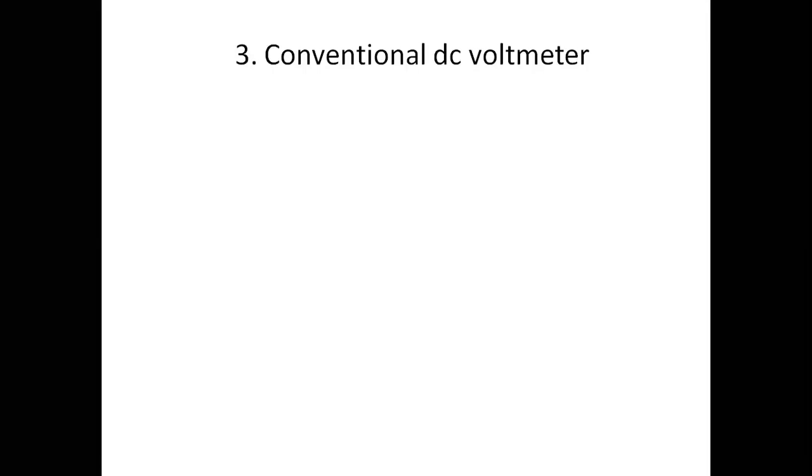In between, there will be a DC amplifier used as a buffer stage. It provides high input impedance and low output impedance. With that, we will get the high gain, and that high gain voltage will be measured using the meter.